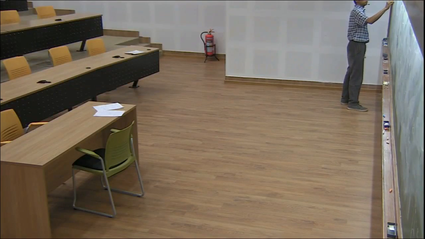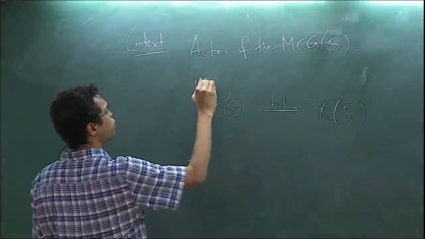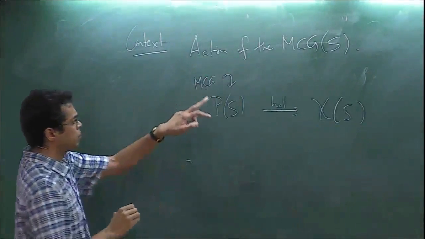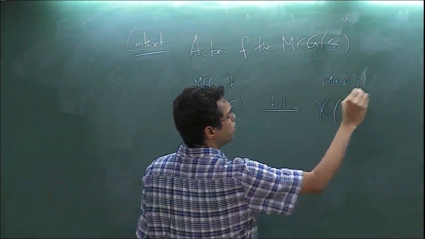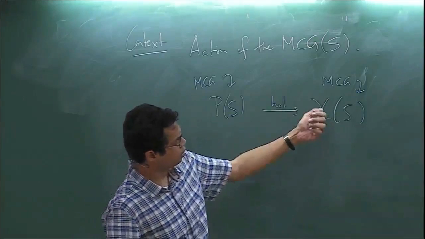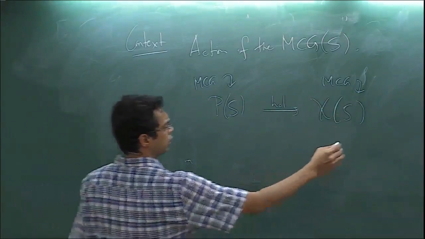Remember that we have the holonomy map from complex projective structures to the character variety. This is equivariant with respect to the action of the mapping class group, which acts by changing the markings on the left, and on the right it acts by precomposing the representation with the induced map on the fundamental group.